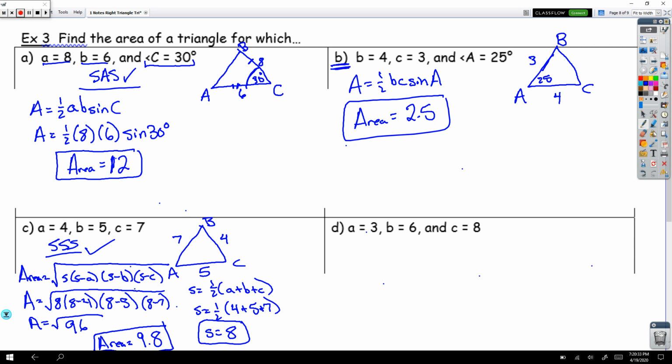Alright, again, if you want to try D on your own real quick, go ahead and pause the video. I'm going to put the answer up now, really quickly. So here's my image. 3, 6, 8. So first find S, 1/2 times 3 plus 6 plus 8.